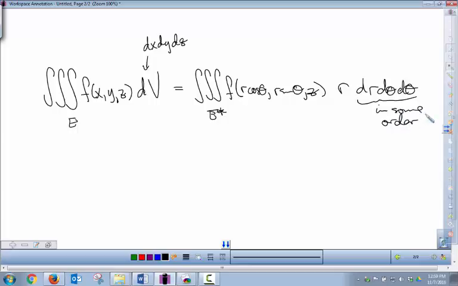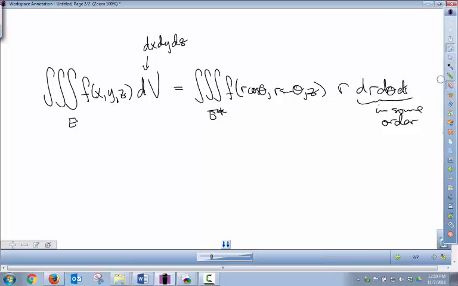And then which variable we integrate with respect to first will depend on how we set up our integrals, or how our E star turns out. If it's constant, it doesn't really matter which way we integrate first, but sometimes you might have some functions involved.